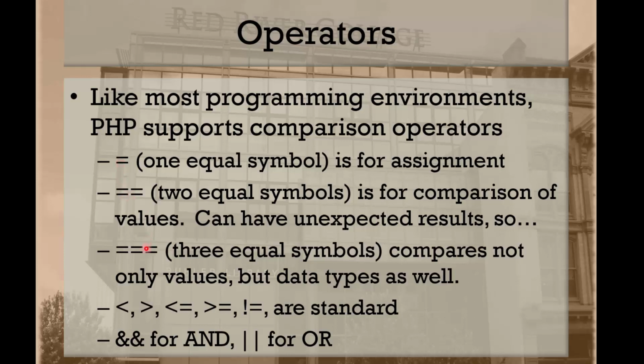Two or three is for comparison, or the greater than, the less than, the less than or equal to, the greater than or equal to, the not equal to. These are all fairly standard for comparison as well. Okay? We have and or operators, double ampersand, double pipe for and or respectively. Okay?